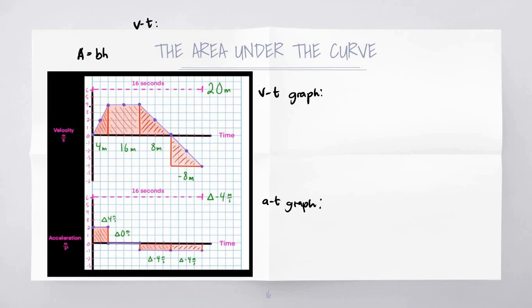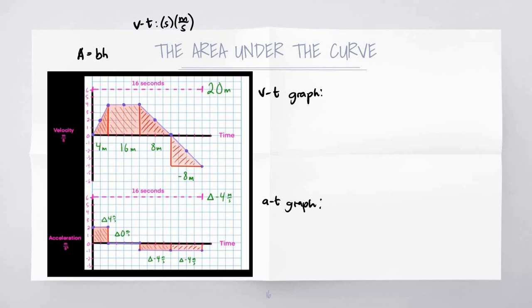Let's use units in order for us to identify what would be the physical quantity present as the area under the curve for each section. For the velocity time graph, the base is in seconds because it's time, and the height is in meters per second.